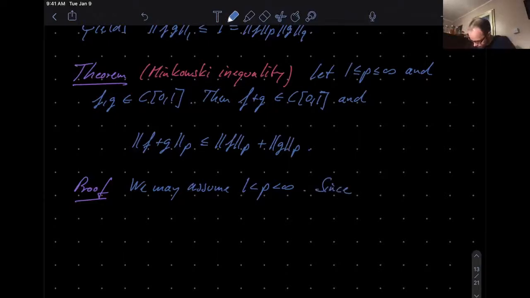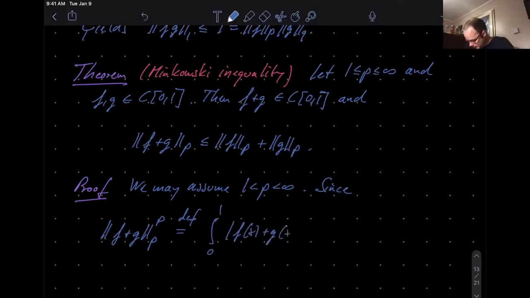Since I don't want to carry around the pth roots, I will raise the p norm to the power p. By definition, for p away from infinity, this is the integral from 0 to 1 of |f(x) + g(x)| to the power p dx.